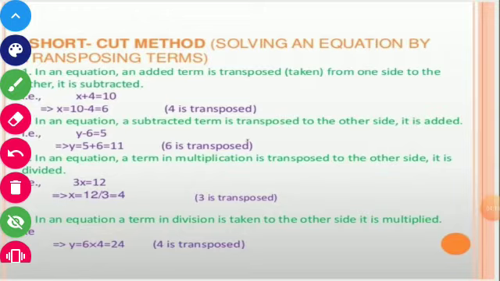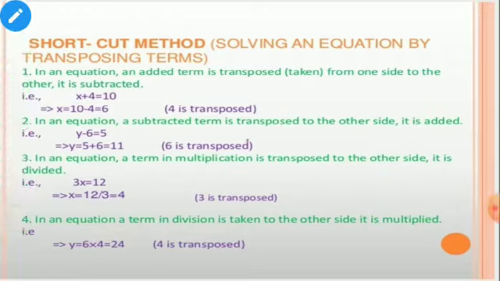So what have we learned from here, children? When transposed across the equal sign, plus becomes minus and minus becomes plus. When it is transposed, the sign gets changed. Plus and minus interchange, multiplication becomes divide, and divide becomes multiply.